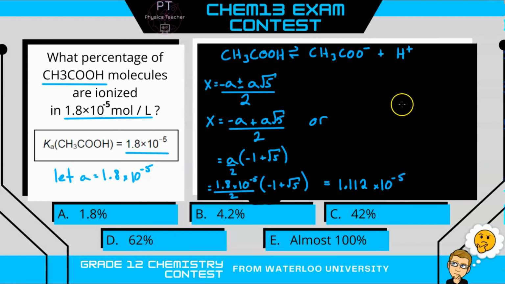Therefore, our percent ionization looks at how much hydrogen ion we are left with, which is 1.112 times 10 to the minus 5, divided by how much acetic acid we started with, which is 1.8 times 10 to the minus 5, and multiply that by 100%, and we get 62%. So our answer is D.